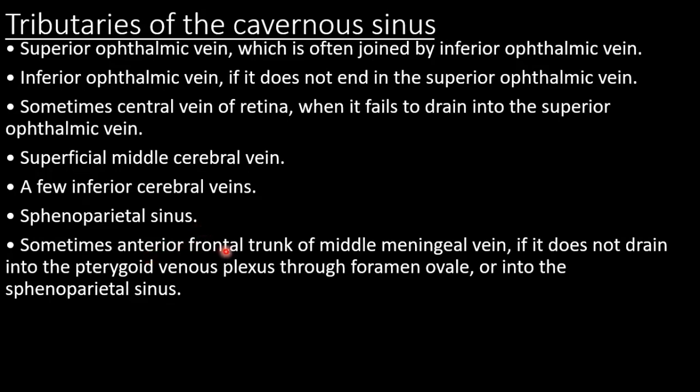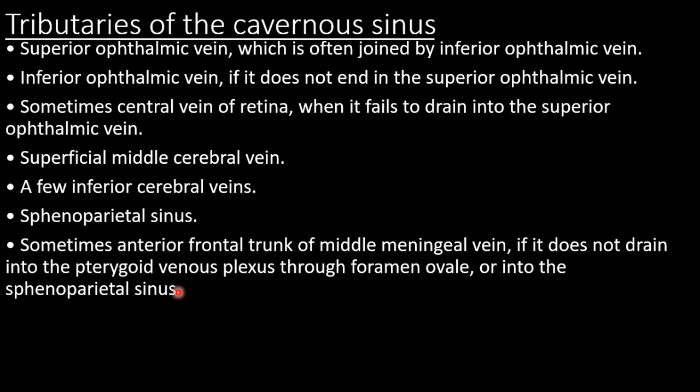Sometimes the anterior frontal trunk of the middle meningeal vein, if it does not drain into the pterygoid venous plexus, will drain into the cavernous sinus or into the sphenoparietal sinus.